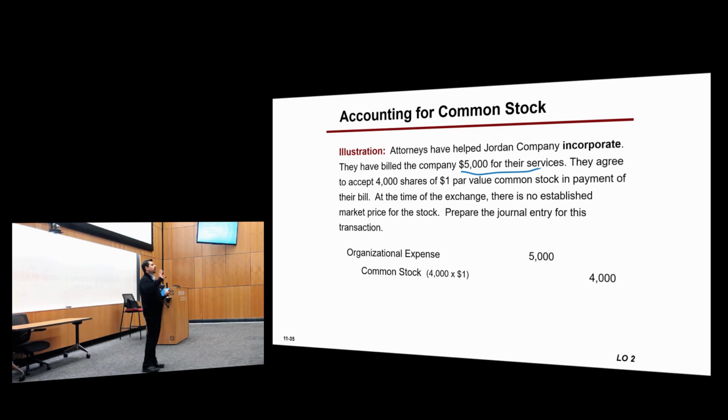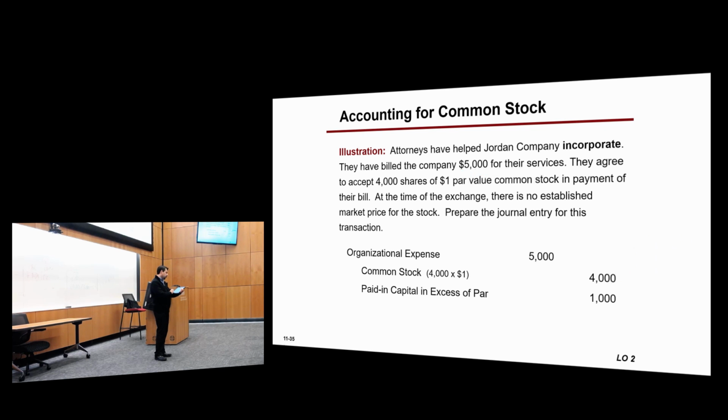Remember, common stock will always be recorded at par value or at stated value. As long as there is a par value, you will record common stock at par value. And the difference between the two is paid-in capital in excess of par value. Okay?